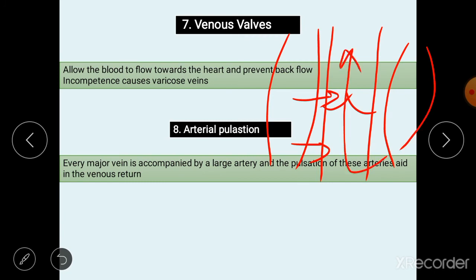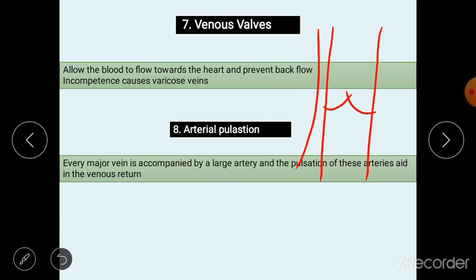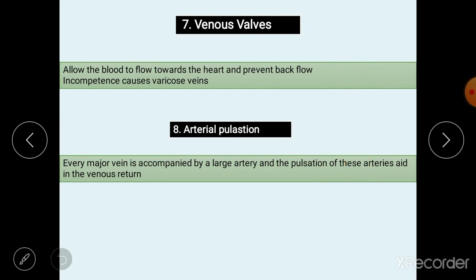So when these muscles relax, the blood might try to fall backwards, but there are valves present which prevent the column of blood from falling backwards toward the periphery, and only allow the blood to move towards the heart. So the veins have special valves which play a very important role in preventing backflow of blood, so they also aid the venous return. Then we have the arterial pulsation.